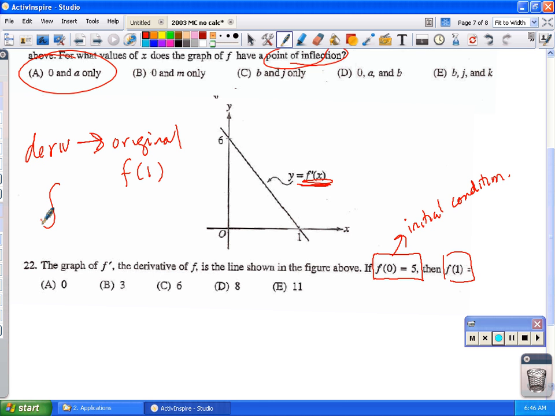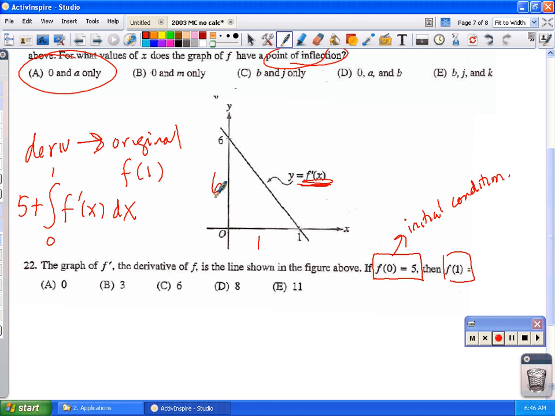So what they're really asking me here is find the area from 0 to 1 of f prime of x dx. I got to go backwards. I have to go from the derivative, but I have an initial condition of 5. Remember? That's where that initial condition comes in. So if I collect the area, this is a simple triangle. This is 1 by 6.